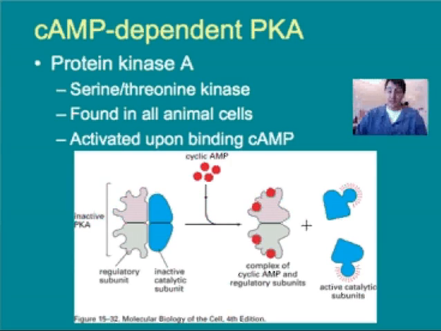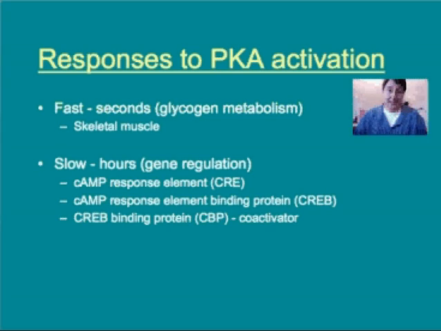When it phosphorylates other proteins, right, it can activate them. So in this case, we're talking about a phosphorylation event that can activate or inhibit other molecules. Some of those responses to protein kinase A have to be really, really fast, for things like glycogen metabolism. During skeletal muscle contractions, you can activate the production of cyclic AMP to then help you release glycogen.